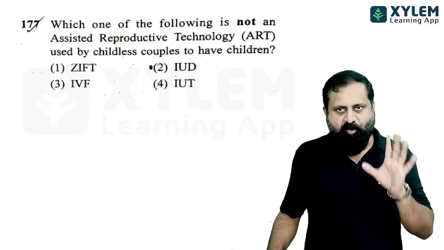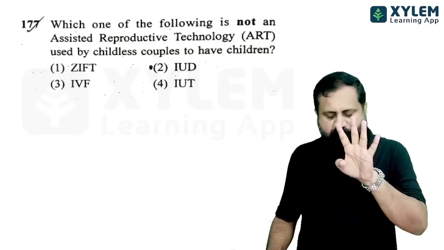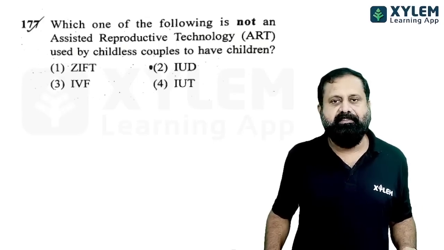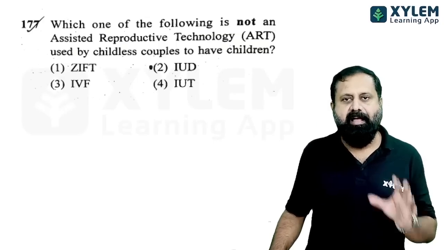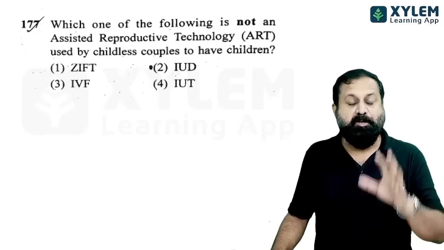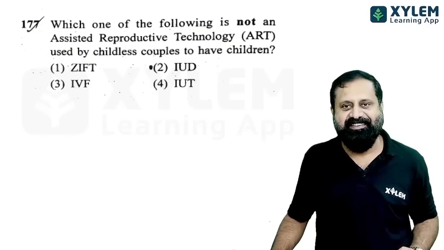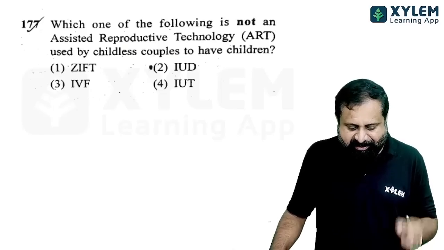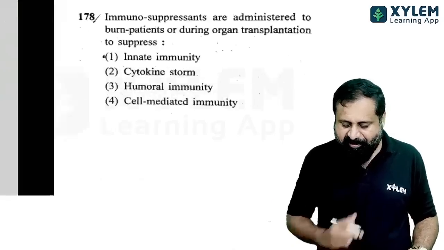You know, here one of the 4 options is intrauterine device, that is actually employed for contraception to prevent fertility or to prevent pregnancy. So 2 is the right answer. 177, 2 is the right answer.